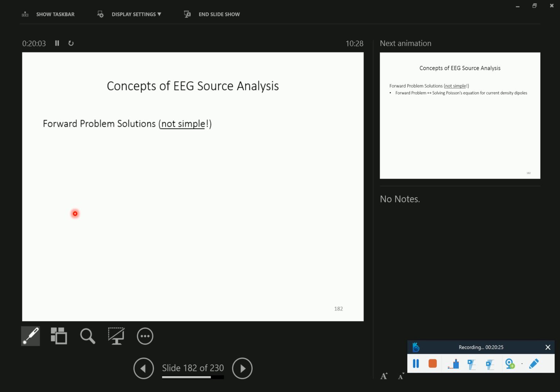So this is sometimes why it's communicated in EEG methods articles that it's fairly simple. It is simple once it's solved, because then it's just matrix multiplication. But in general, what the forward problem entails is solving Poisson's equation for current density dipoles.